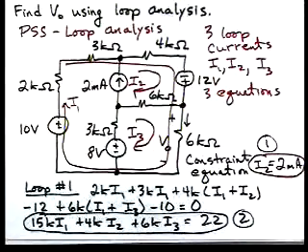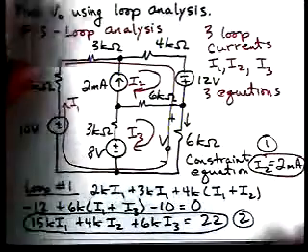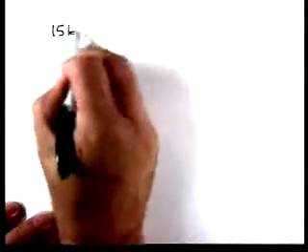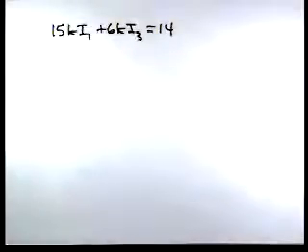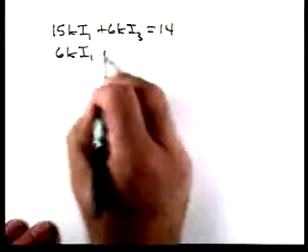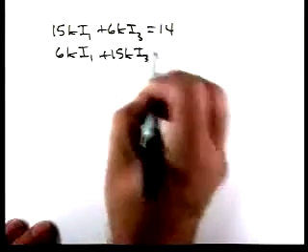If we make that substitution, then one of the equations becomes 15K I1 plus 6K I3 equals 14. And then making that same substitution into the third equation, we'll get 6K I1 plus 15K I3 equal to 20.